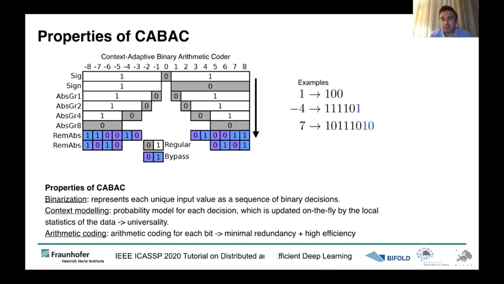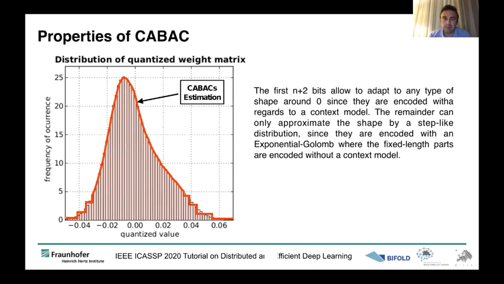And why did we come up with exactly these decisions: the significance bit, sign bit, absolute greater than 1, absolute greater than 2, and so on? Because we checked the distribution of the quantized weights, which is around 0, and this form which we use for DeepCABAC is very flexible, so it adapts to any type of shape around 0.